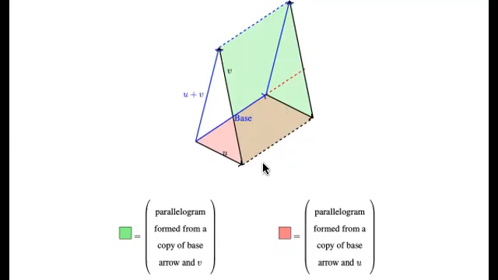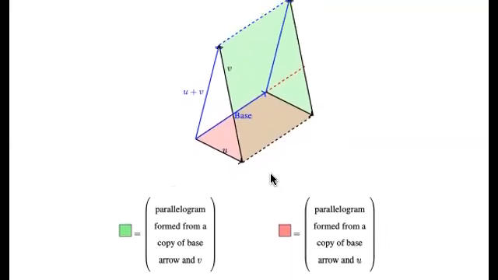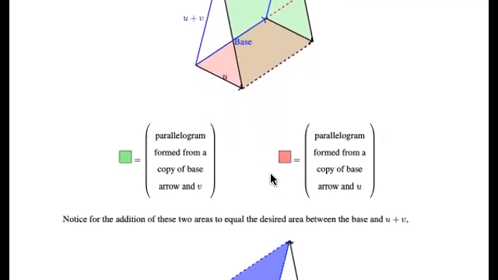So if you take this big piece and you subtract this piece off of it via sliding, you should end up with this piece, which you could slide over here, which ends up being f of u plus v. So even with subtractions, we actually get that this is a function that preserves addition of vectors.